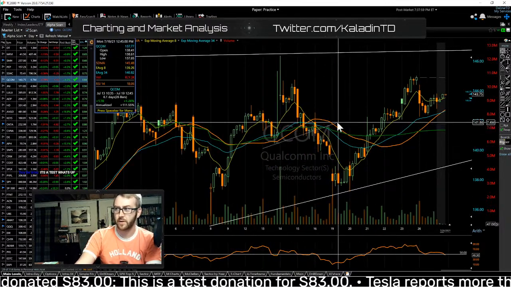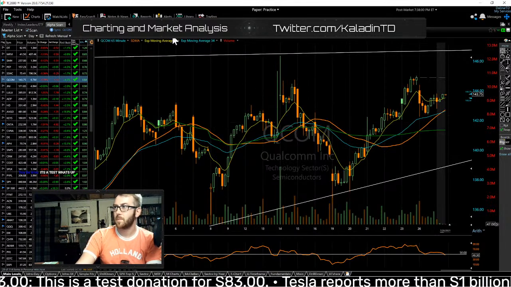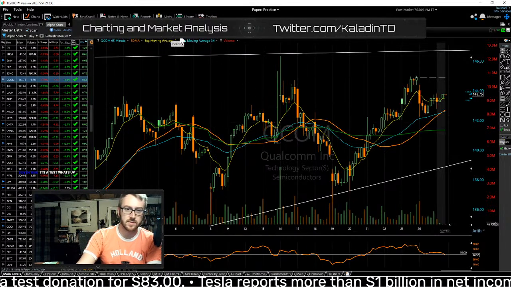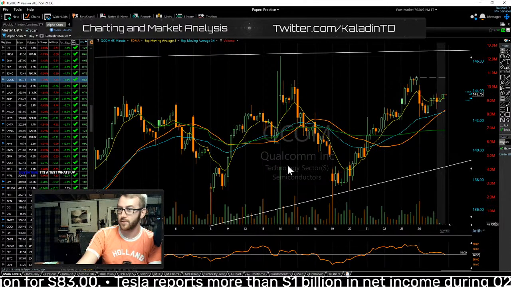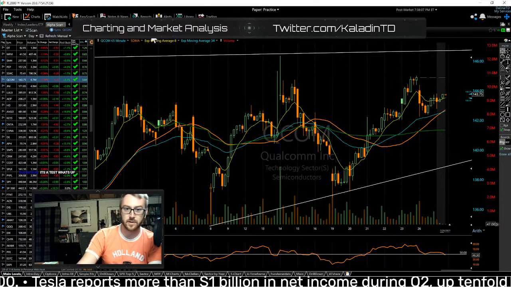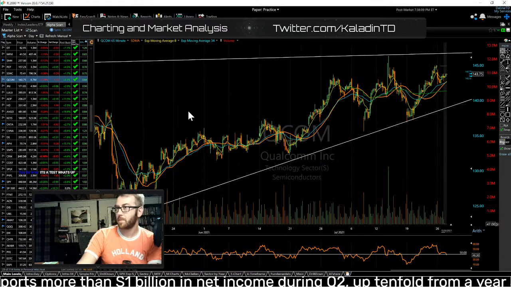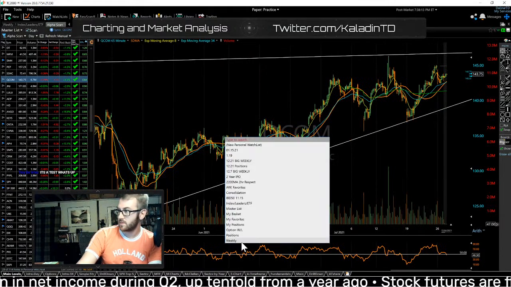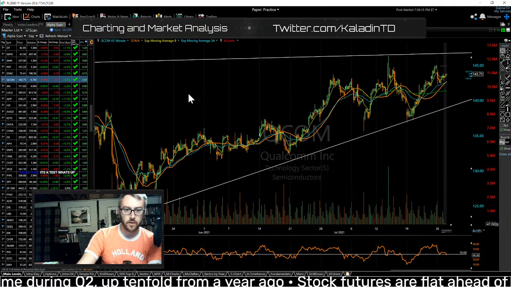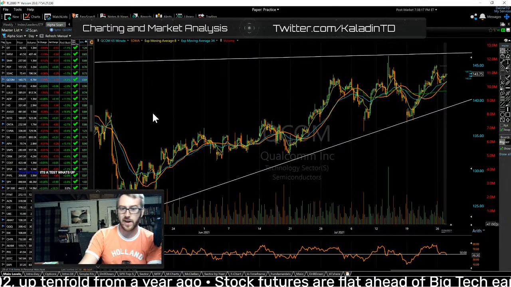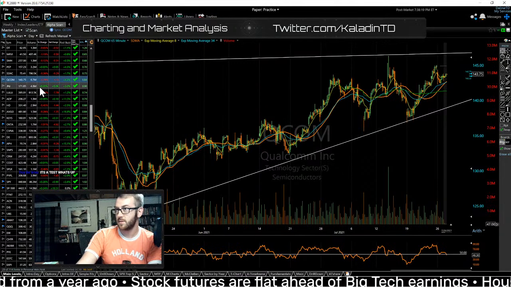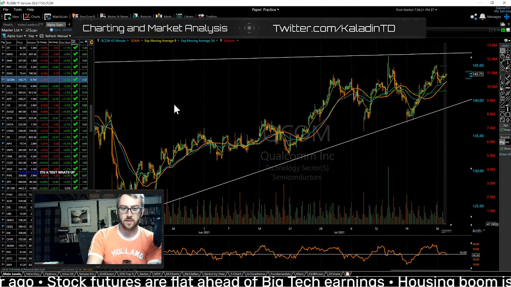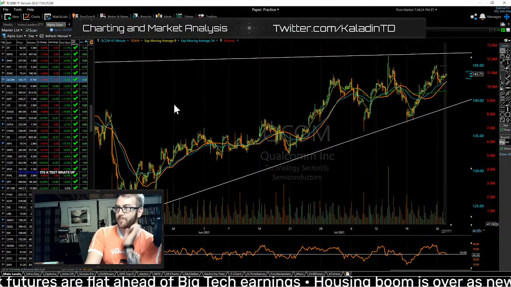Qualcomm is semiconductor, I'm pretty sure. Oh yeah, semiconductors. It says right beneath where you can't see on my stream. Yeah, I'm going to add this one to the list. Could be worth a day-long swing. I don't like to hold through earnings. Just a bit too risky, a little too unpredictable for me.